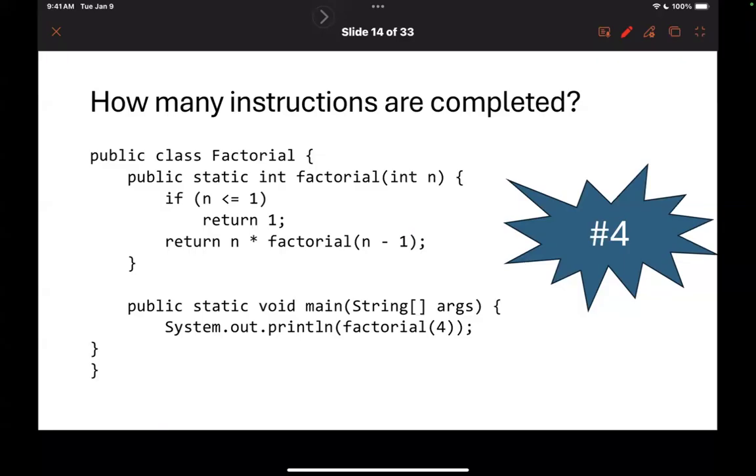Okay, so you want to do that. If n is less than one, factorial of four. You're only gonna return one of those. It'll either return one of those. Just gonna do the if again. 3. N times factorial N minus one. That's times four.